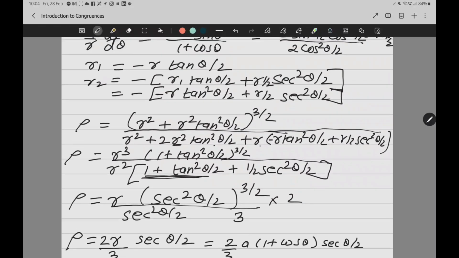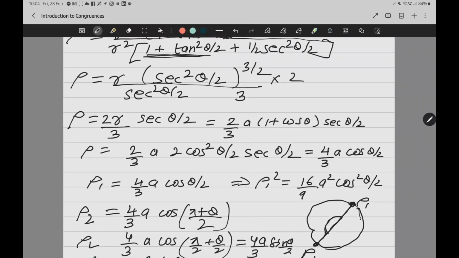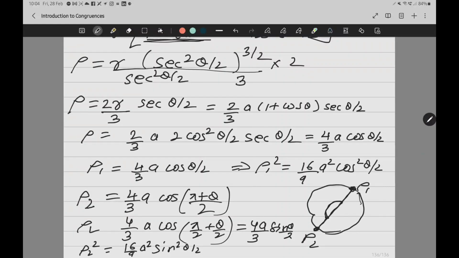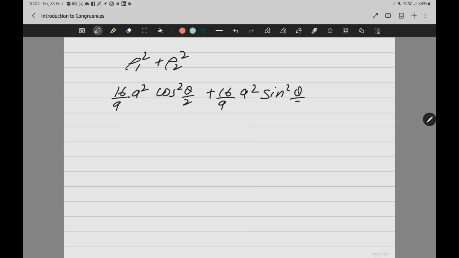Now, as per the requirement, I want to prove that rho 1 square plus rho 2 square is this. Now, what are my values for rho 1 square plus rho 2 square? Rho 1 square plus rho 2 square is equal to 16 by 9 a square cos square theta by 2 plus 16 by 9 a square sine square theta by 2.